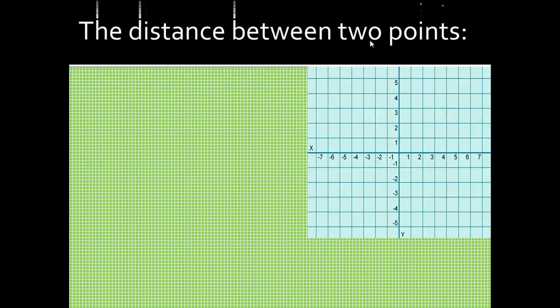Then the distance between 2 points, if we join these 2 points and the line segment isn't parallel to the x-axis or y-axis, we will use this rule.